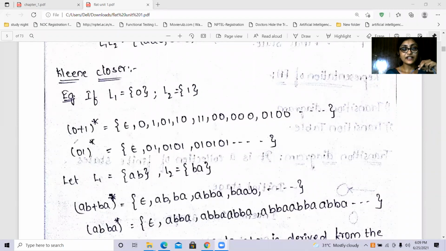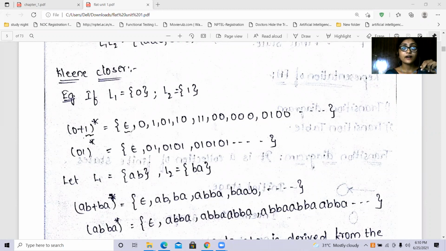So here we have 0 or 1. 0 plus 1 means 0 or 1. We can take 0 or else we can also take 1 in this Kleene closure process. For example, we are performing Kleene closure on this particular string. 0 plus 1 means consider that we can take 0 or else 1.